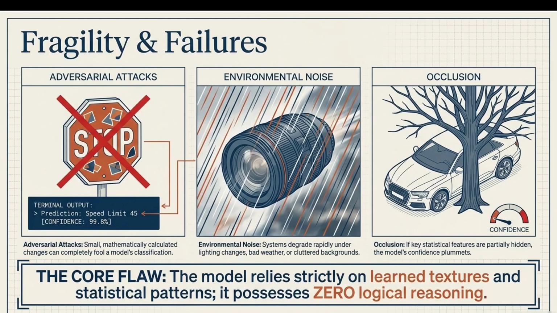All of these need to be taken into consideration for real-time self-driving cars. Occlusion: if key statistical features are partially hidden, the model's confidence plummets. These scenarios should also be considered so that no failures can happen.